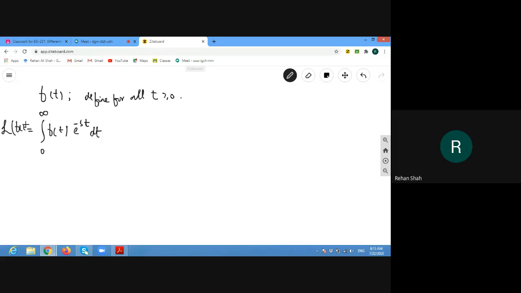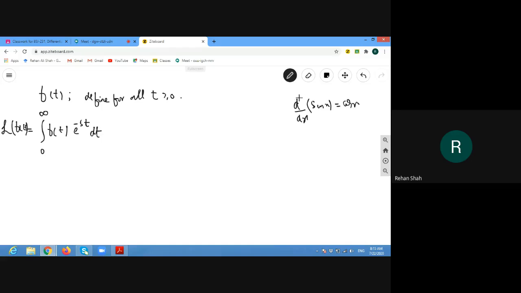So what is meant by transformation? जिस तरह आप डेरिवेटिव पढ़ते हैं, if you differentiate a function, d by dx sine of x, as a result you will obtain cos of x. The behavior of sine and cos are different from each other.